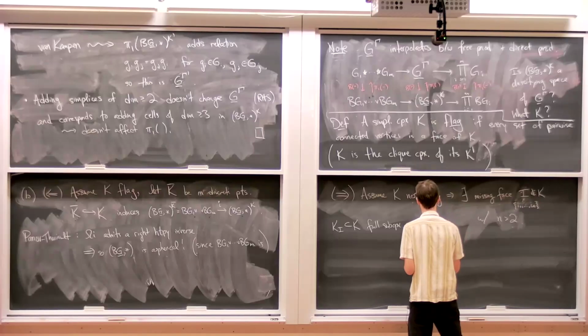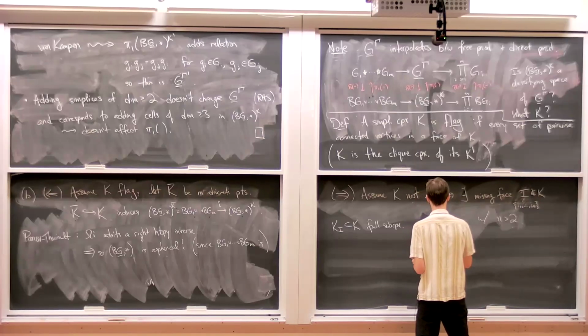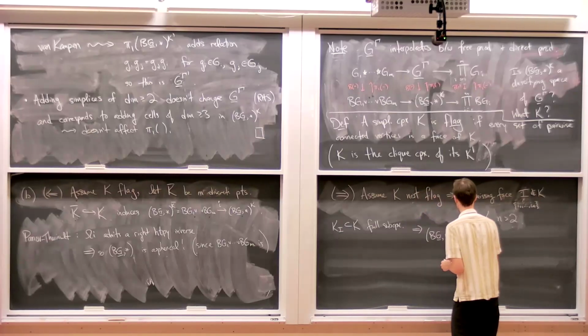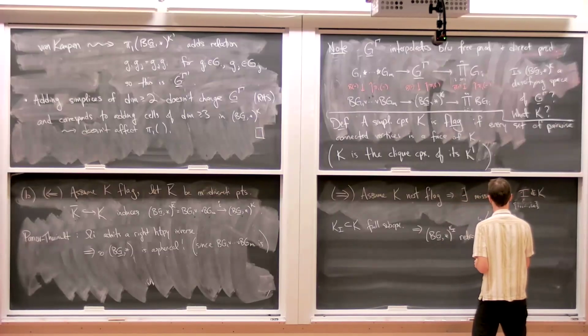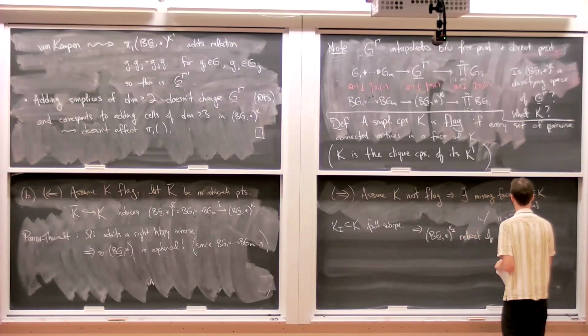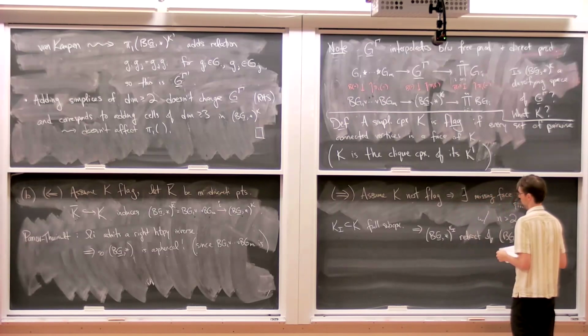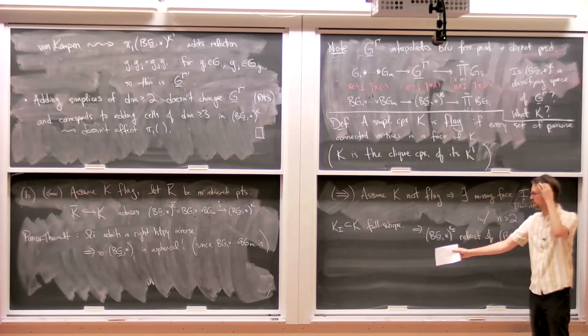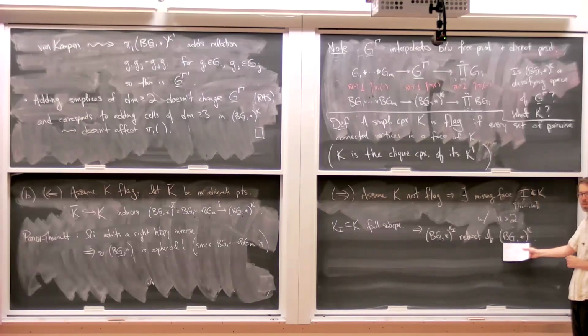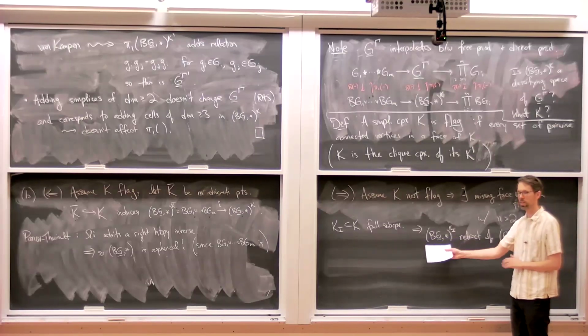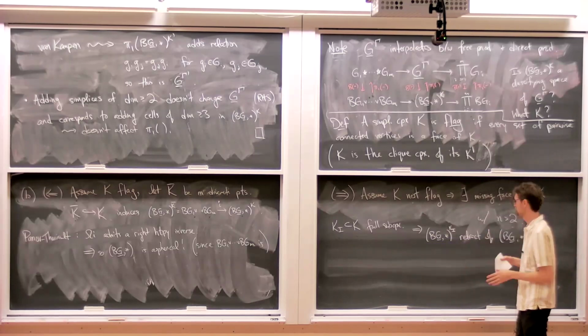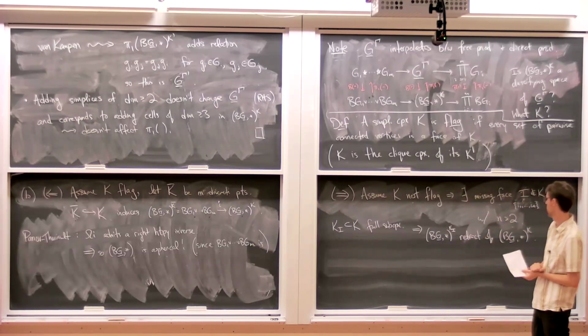So BG to the K prime is going to be a retract of this bigger polyhedral product. In particular, all of its homotopy groups are summands of the homotopy groups of this space. So now let's just work with the smaller thing, and we're trying to show that it has some higher homotopy groups, right? That it's not aspherical.